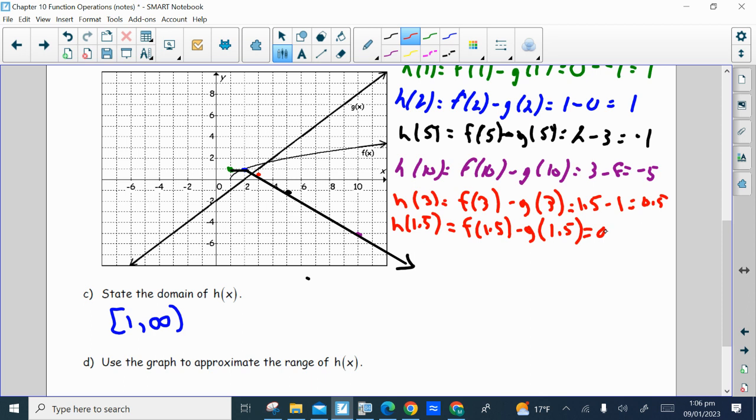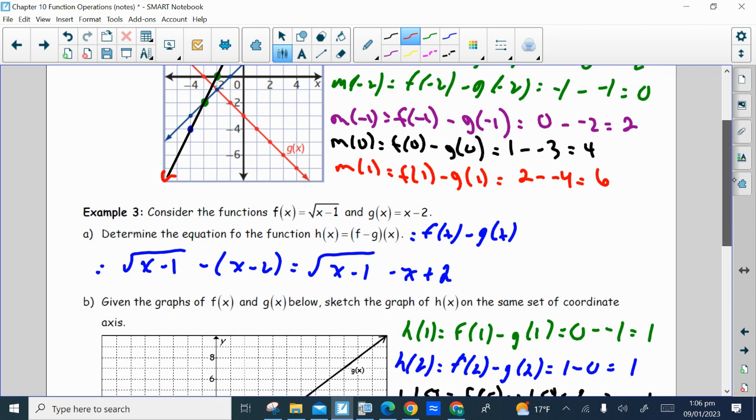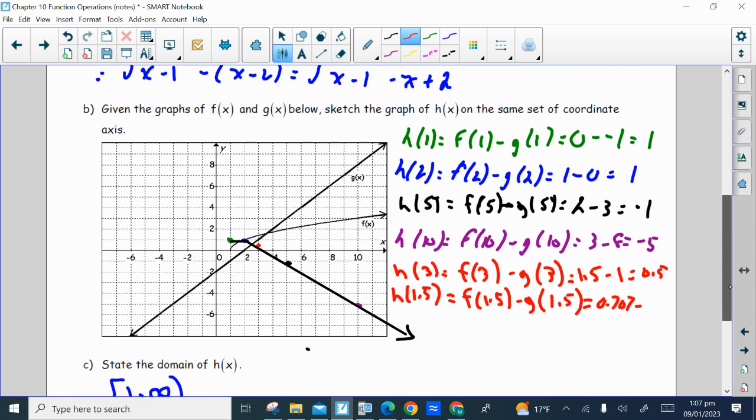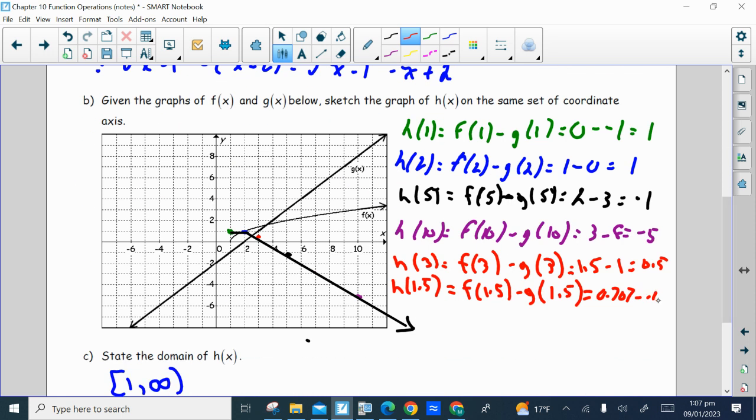So this will be 0.707, take away g at 1.5. Again, because we have the equation, we can use that. When g at x, which is x minus 2, when x is made to be 1.5, you'll get 1.5 take away 2, which is negative 0.5. So again, the minus minus becomes a plus positive.